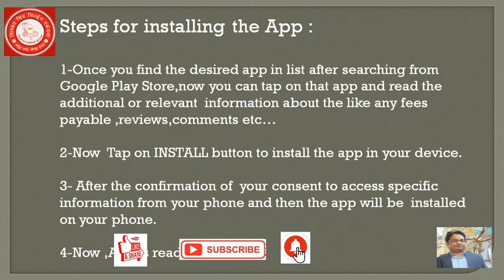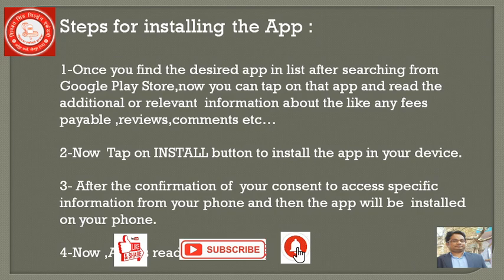So step number 1, you already know that once you find the desired app in the list after searching from Google Play Store, you can tap on the app and read the additional and relevant information like any fees, any review, any comment. That's important. You have to read the additional and relevant information.